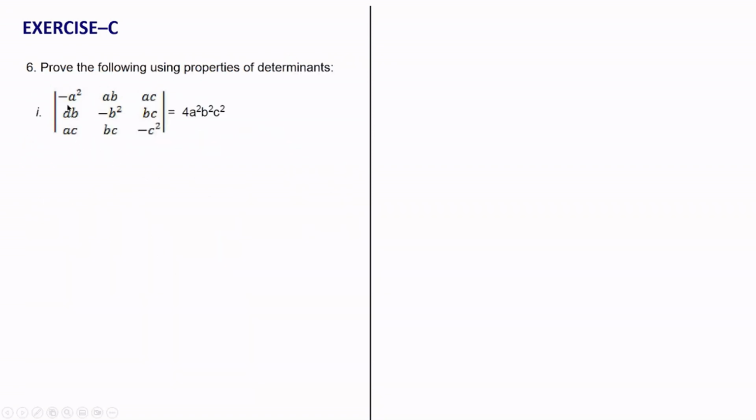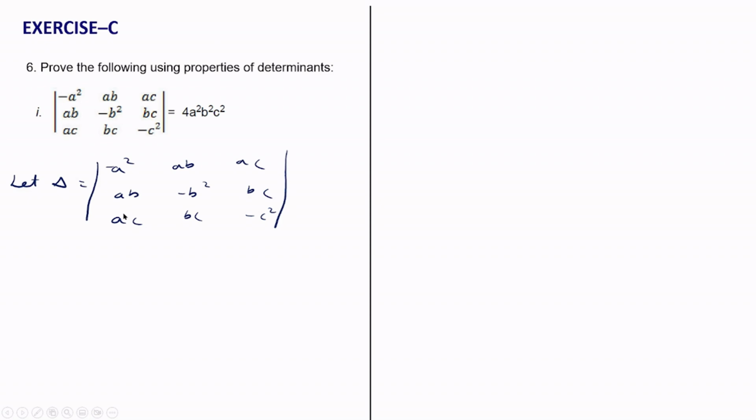Next, we have to prove the following using properties of determinants. So we have to prove the determinant of minus a square, ab, ac, ab, minus b square, bc, ac, bc, minus c square equal to 4a square b square c square. So let us take delta equal to the left hand side.